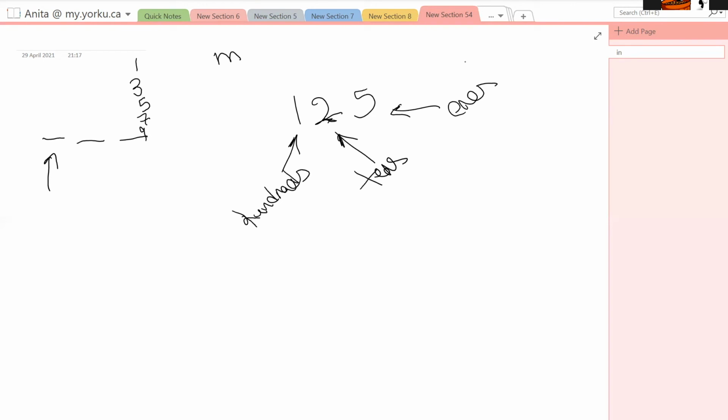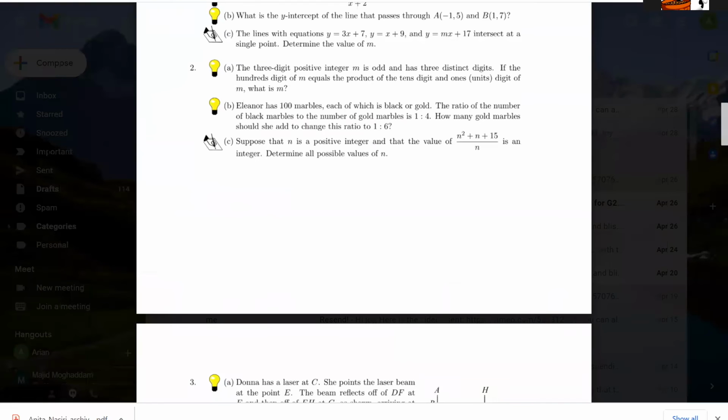Now, the question says the hundreds equals the product of tens and ones.